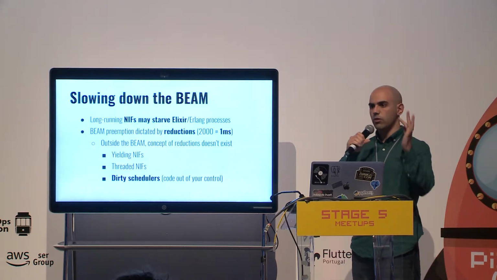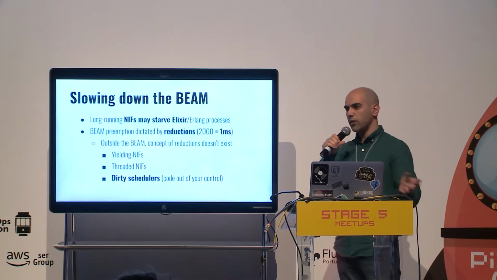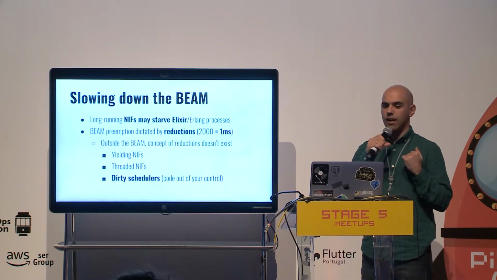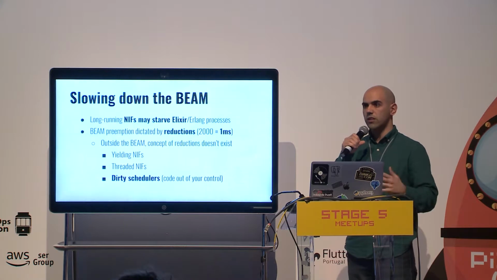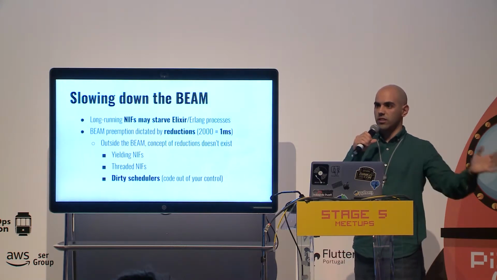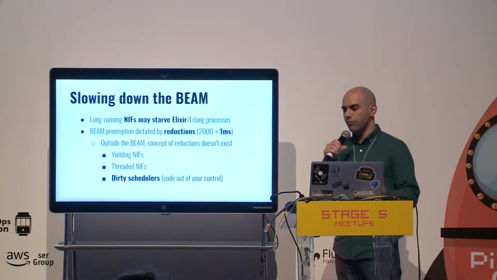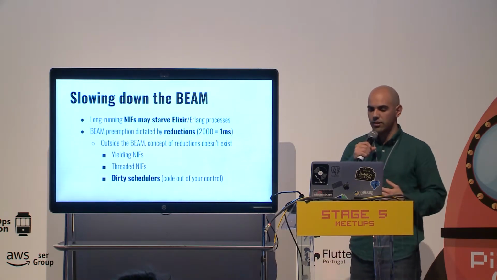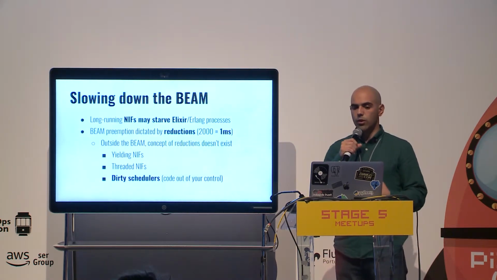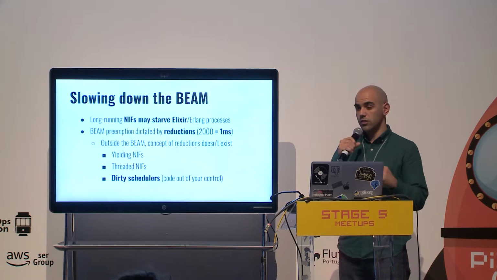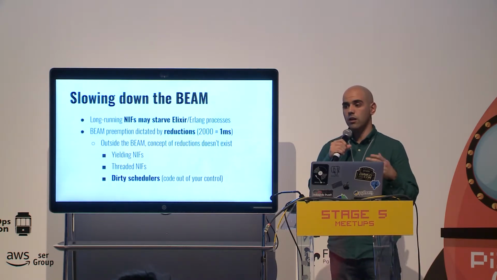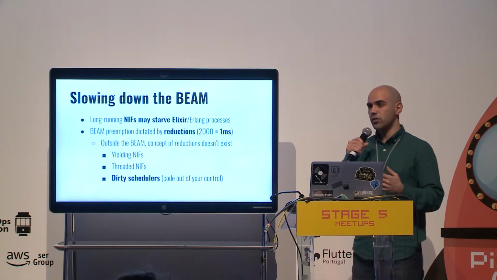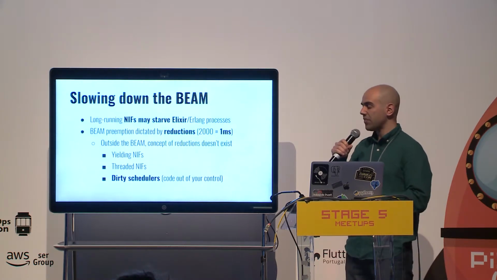And it's like, okay, you can run 2,000 reductions and then I will preempt the hell out of you and call some other stuff. In this case, with NIFs, you don't have that concept of reductions on the C side, because it simply doesn't exist, right? It's not the BEAM. So you have to be sort of judicious of this, and the Erlang team advises you to keep things under 1 millisecond.